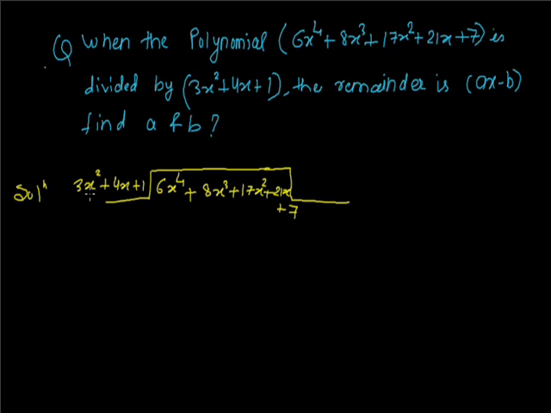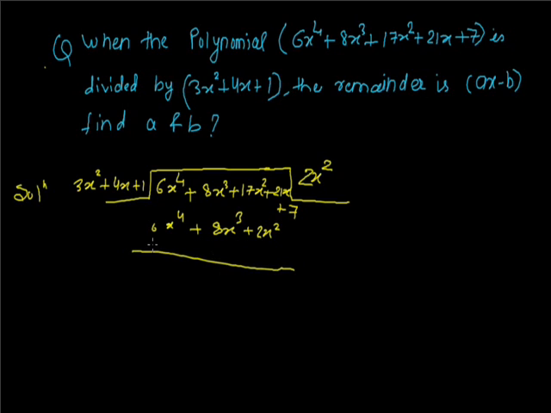In the dividend, the first term is 6x raised to the power 4. So we have to multiply 3x square by 2x square so that the term becomes 6x raised to the power 4. 4x multiplied by 2x square becomes 8x cube. 1 multiplied by 2x square becomes 2x square.